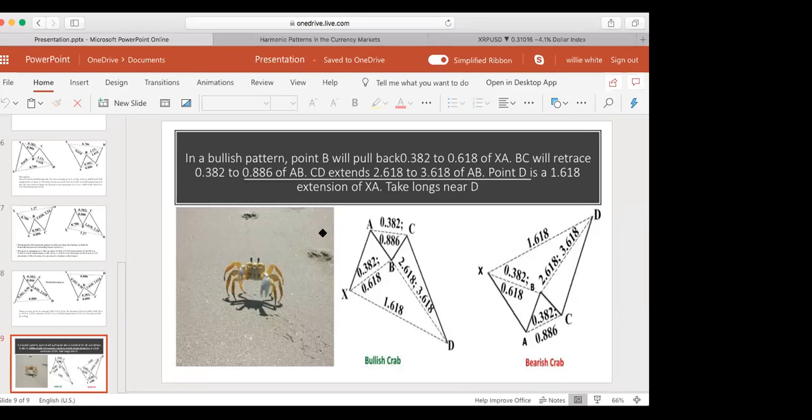Let's say the cloud is way up here, above these, and then you see the Kumo twist. You see the Ichimoku cloud twisting up into a buy, and then you see this right here. Automatically you know that it might go up to the cloud and hit resistance, or it might go through that Kumo twist.